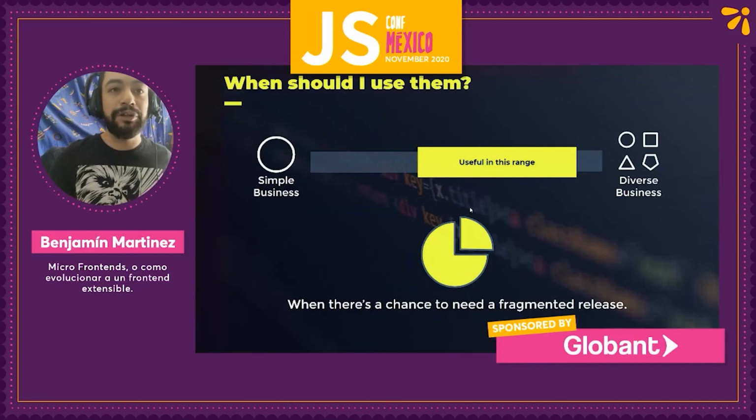And if right now somebody asks me when I should use this technique, or this micro front end approach, I will take into account these two aspects. First of all, how simple or diverse is the business? Maybe if I start to implement micro front ends because it's a new trend, I'm complicating myself.